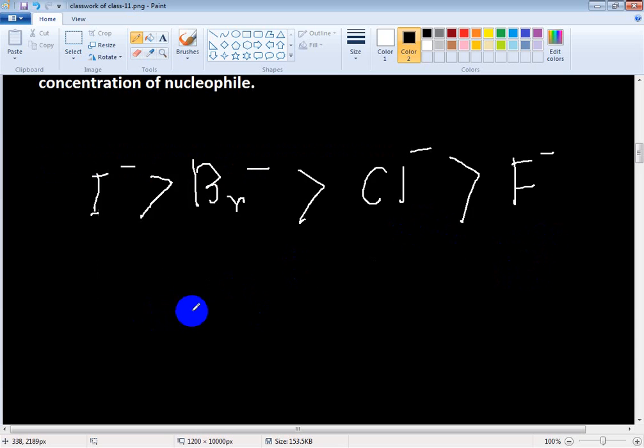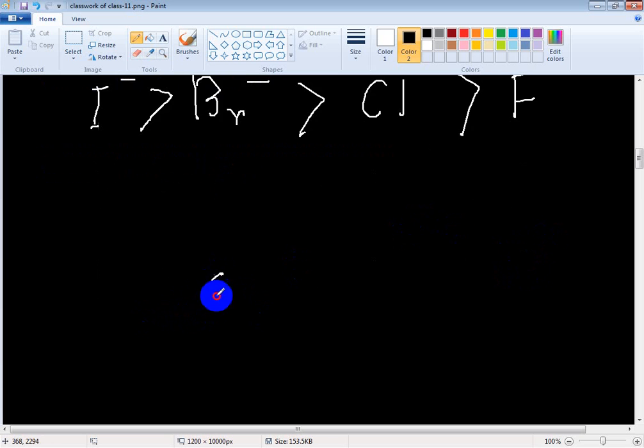Okay, so if iodide is present here, it can give the SN2 reaction easily because iodine is easily removed from the alkyl halide, so it gives the SN2 reaction best.